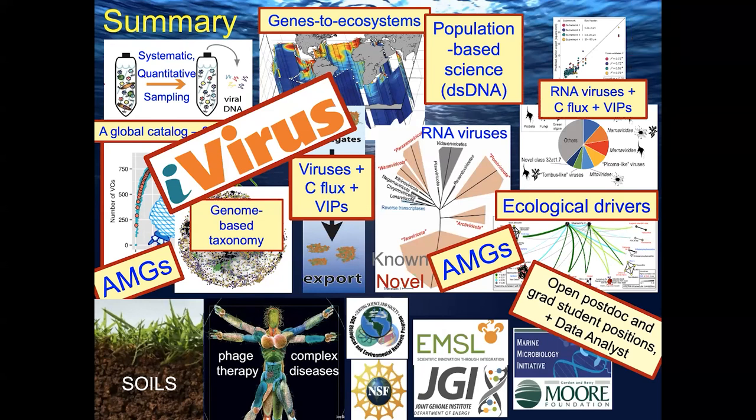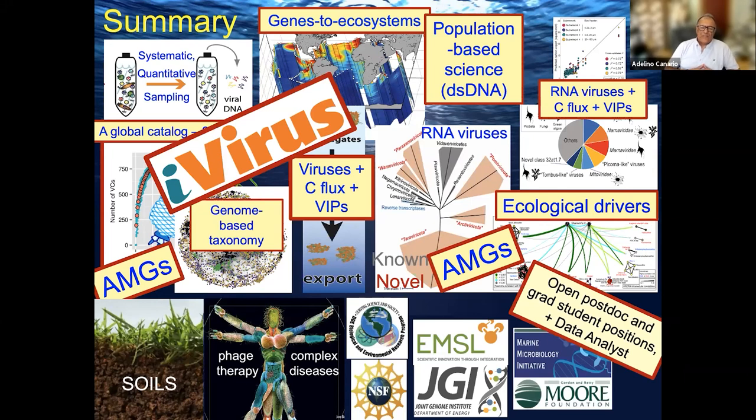Sure. I have a naive question. From what you showed, it seems as if the viruses tend to hijack the whole, let's say, several of the host's proteins or whatever.